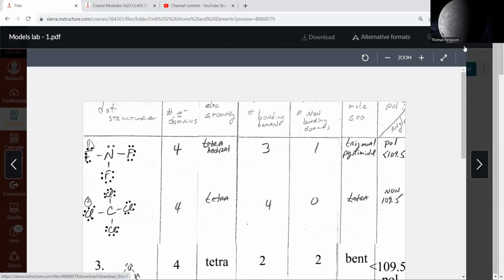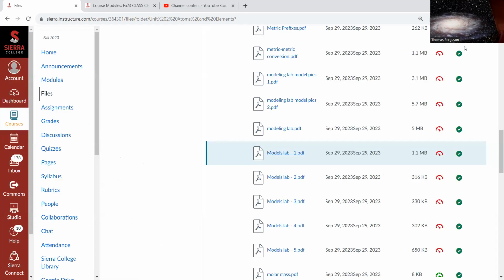And the class would be AX3E. Lots of practice. Okay, so that's under files towards the bottom. So after you go through your dry lab and you want more practice, head over to Canvas files.